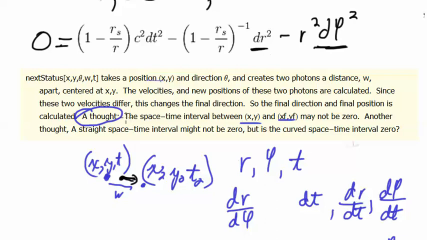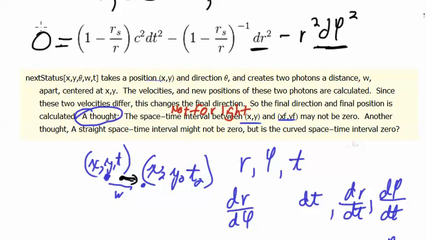So that might be a thought regarding something that this is not for light, but maybe I was thinking of possible ways to implement things besides light falling into the black hole.